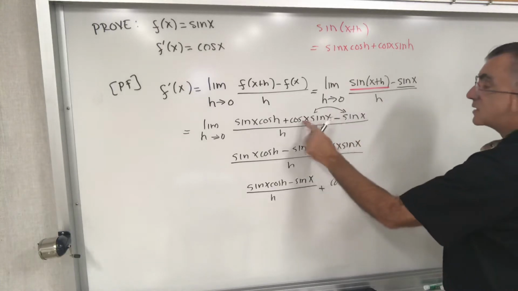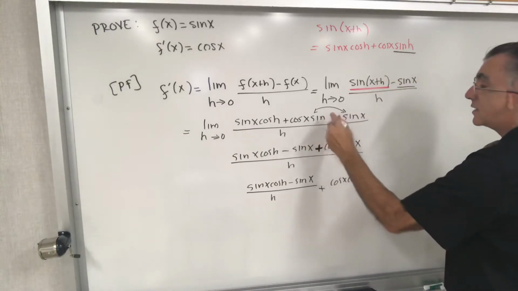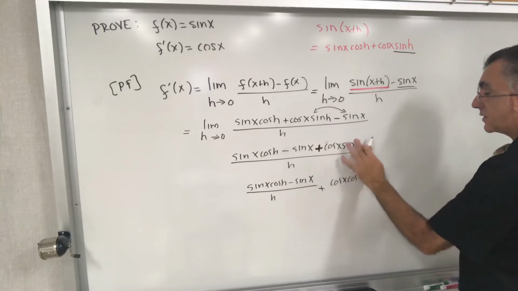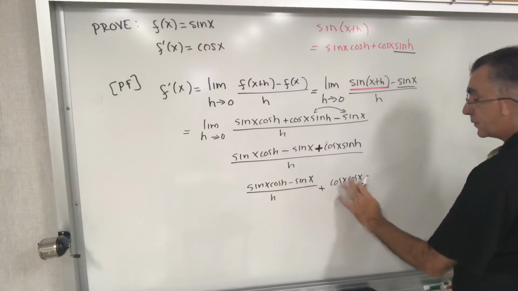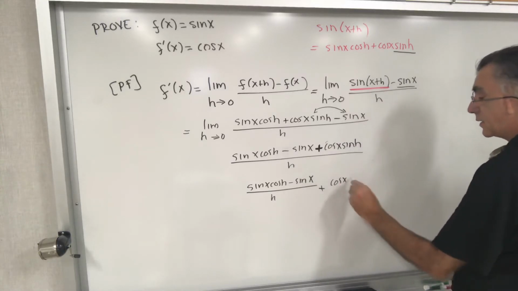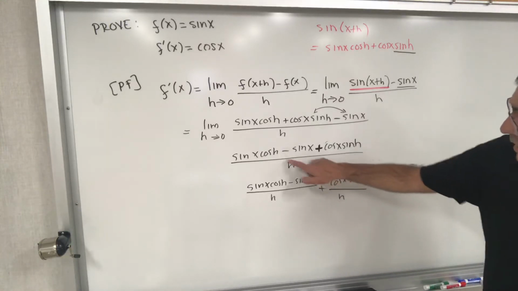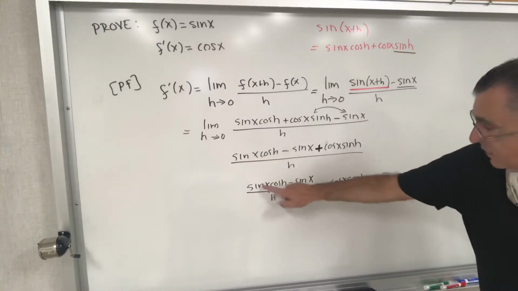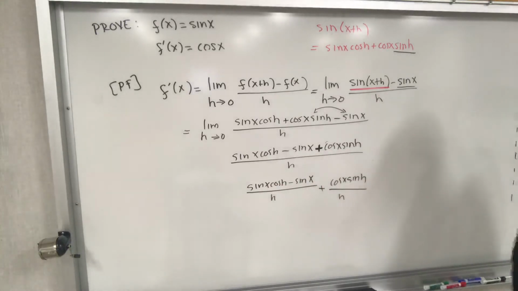Oh, you guys, when I wrote the formula here, that's sine h. Change that to an h. There we go, now I'm happier. Sine h over h. So then, when I'm doing my division, it doesn't matter. I could divide the first two and then divide the h at the plus sign there.